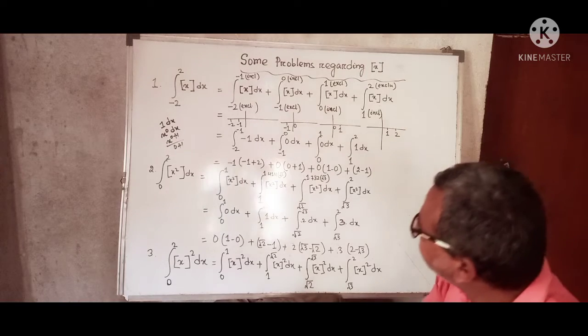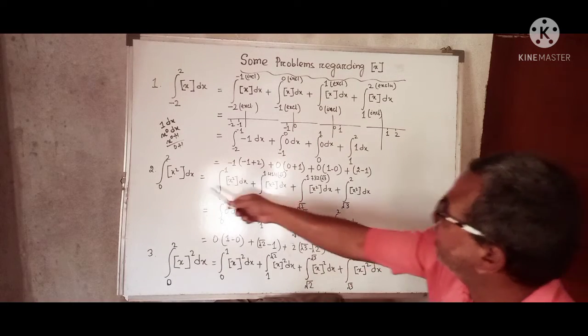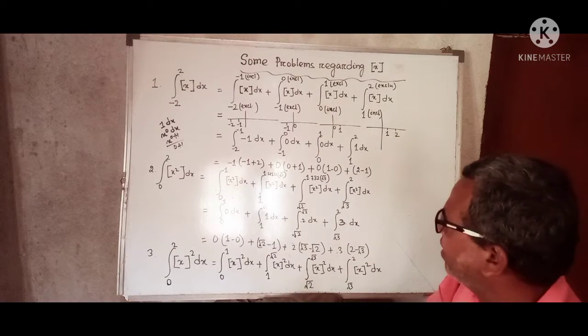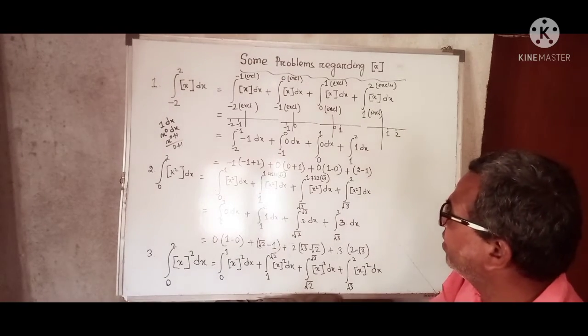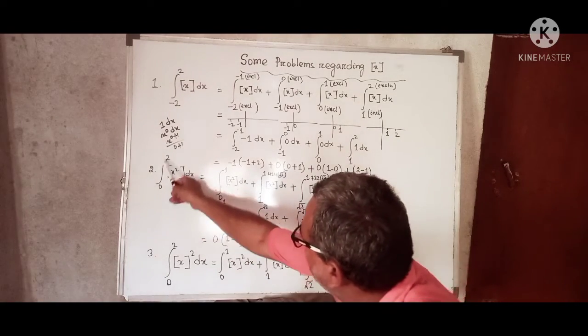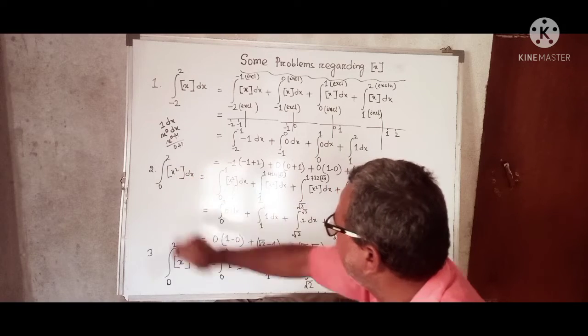Now I am discussing this again because the electricity has been cut off. Very sorry. You see 0 to 2, greatest integer function of x square.